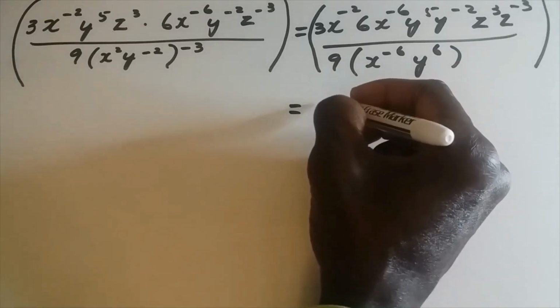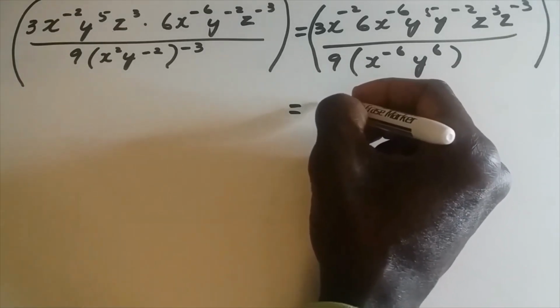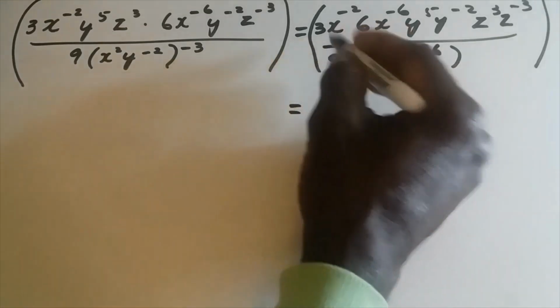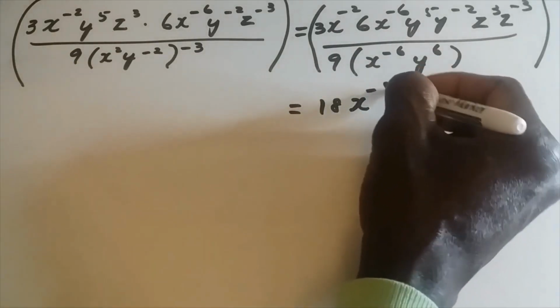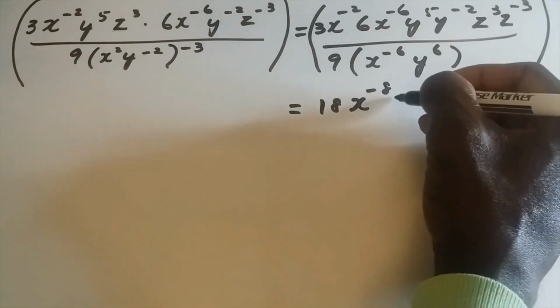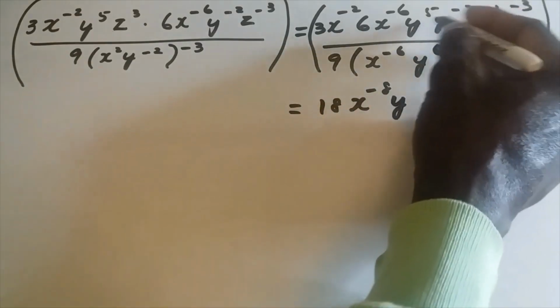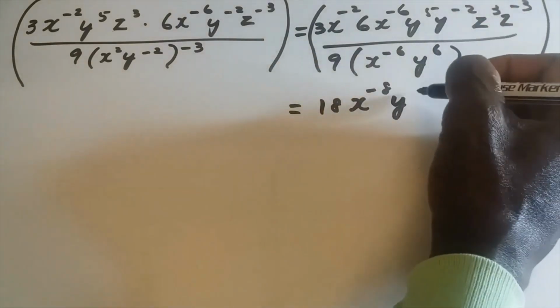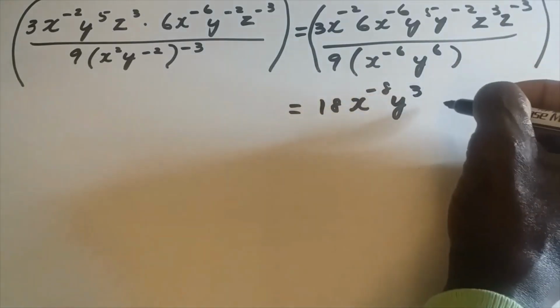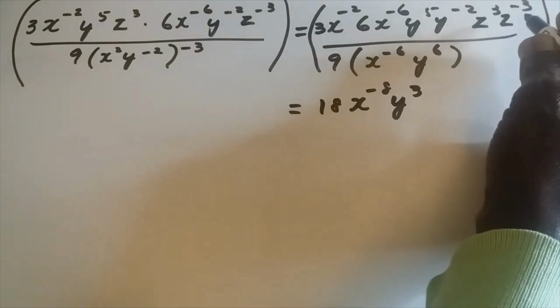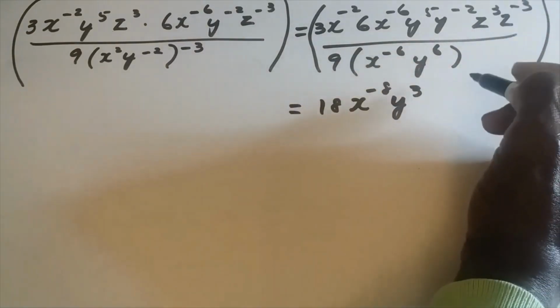So we're left with 6 times 3, which is 18, x to the minus 8th, y cubed, 5 minus 2, which is y cubed, z cubed times z to the minus 3, that's 1.